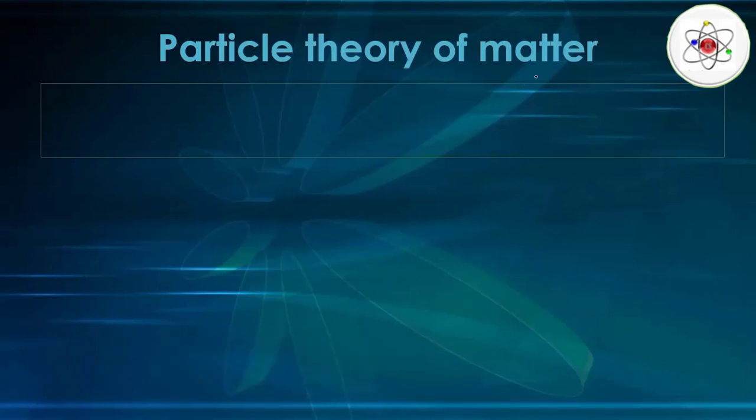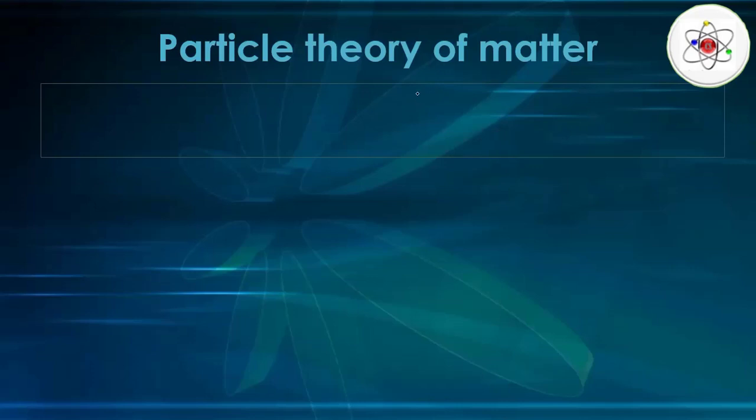If they are in a solid, they vibrate, if they are in a liquid, they slide over each other, and in a gas the particles move randomly, right? So they are in continuous motion. As a result, the particle model can explain the properties of the states of matter: solids, liquids and gases.